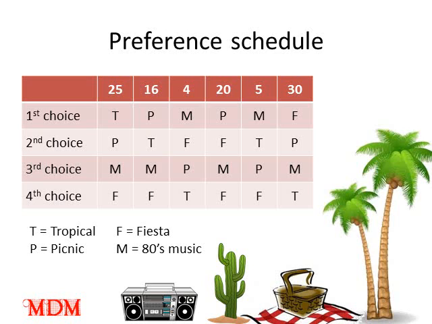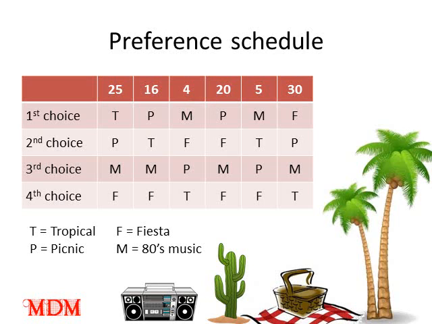Notice that tropical is represented by T, picnic by P, fiesta by F, and 80s music by M. As we look at the table, we can see that 25 people picked tropical as their first choice, picnic as the second choice, 80s music as their third choice, and fiesta as fourth choice. We can do a similar thing with each one of the other columns.